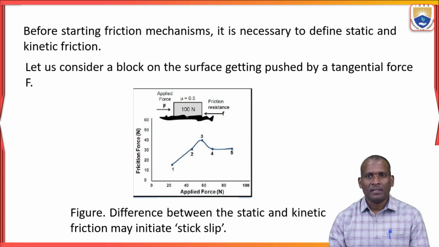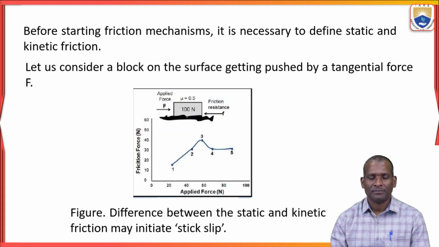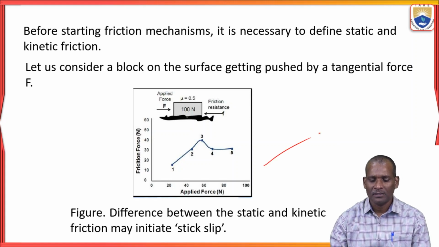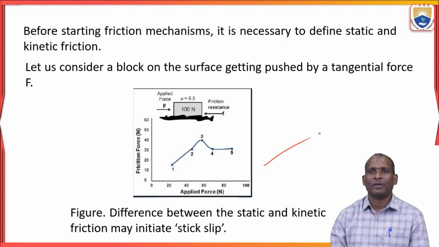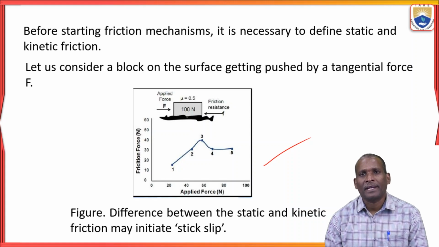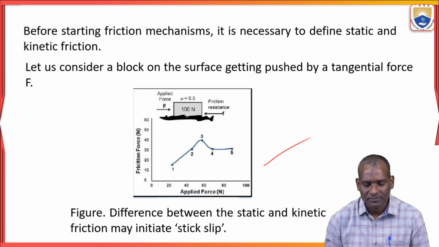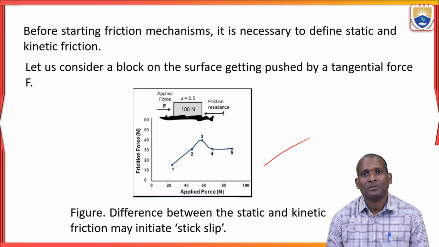Let us consider a block on a surface getting pushed by a tangential force, as shown in the figure. This figure shows the difference between static and kinetic friction. It may also initiate stick-slip.